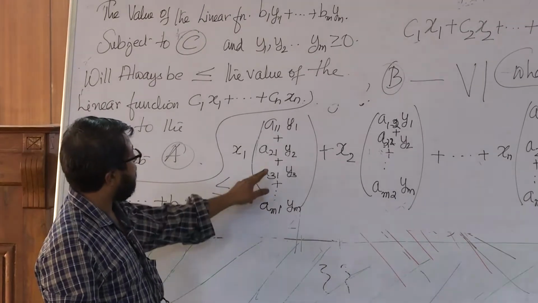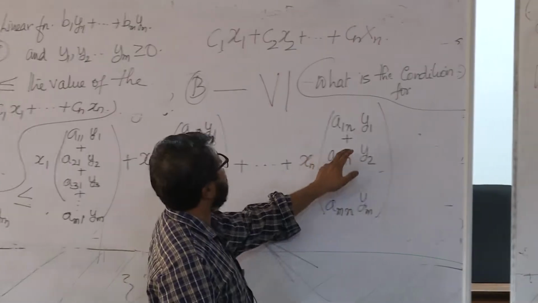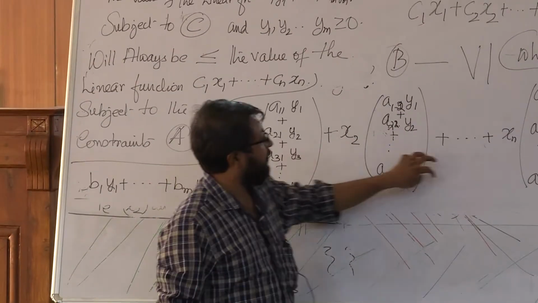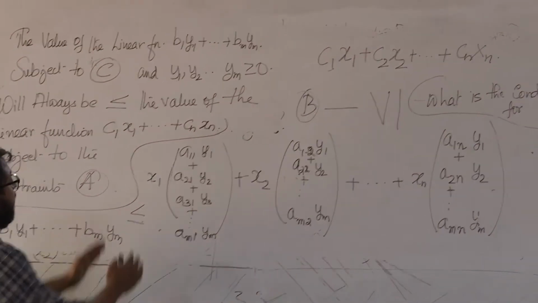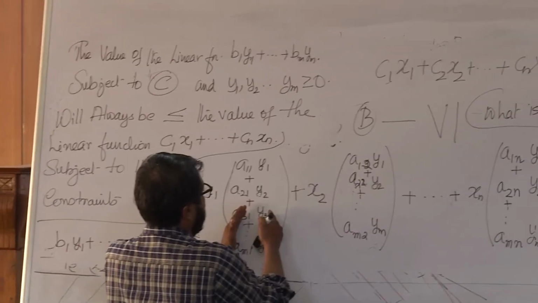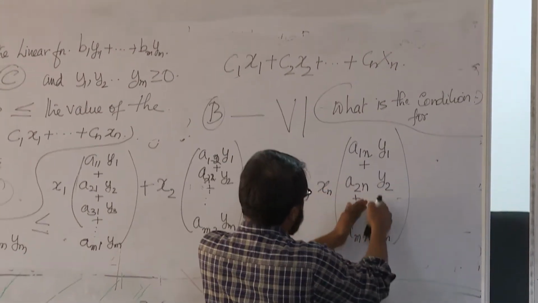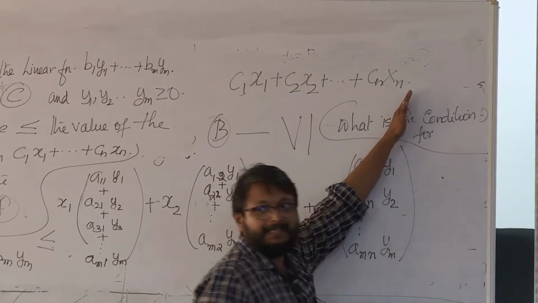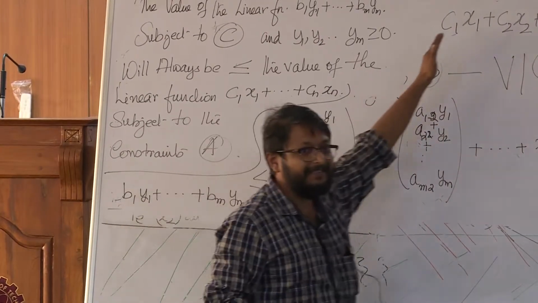See, if x1 into this plus x2 into this plus xn into this is equal to this, what can I conclude about these values? Component wise they are equal, right?